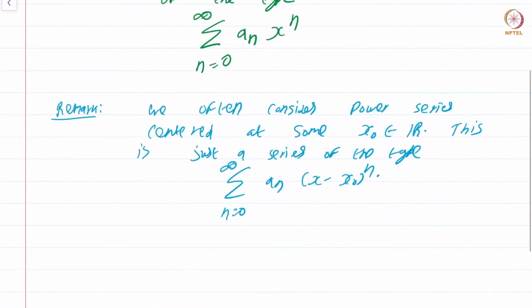However, the original definition of power series that we have given, and the theory that we will develop to study such series, is more than sufficient to deal with these more general series centered at some point x naught. It's simpler to study just when the center is the origin, and the theory in the general case is straightforward to generalize. So for simplicity, I will just concentrate on series of this type.